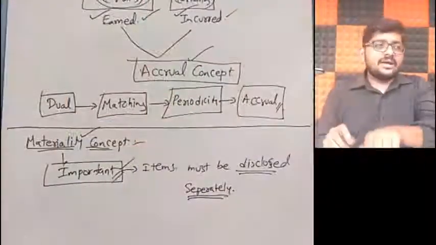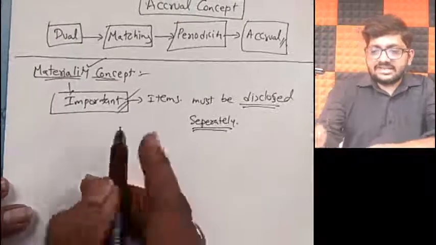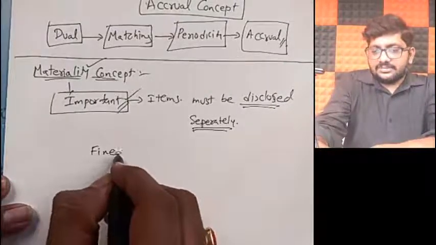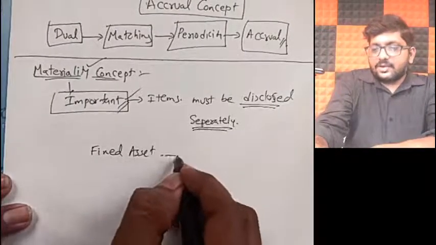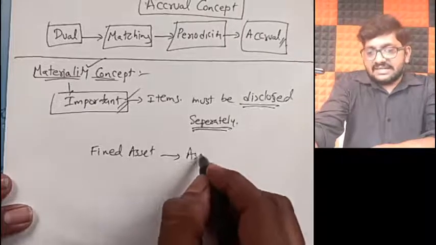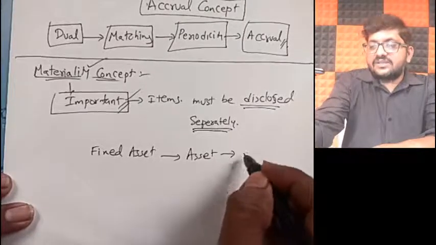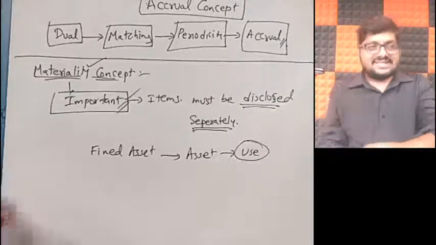Understand? Sometimes immaterial items will be there. Sir, what do immaterial items mean? For example, what is the definition of a fixed asset, friends? When I was discussing fixed assets, I told you a fixed asset is an asset which we use in our business.